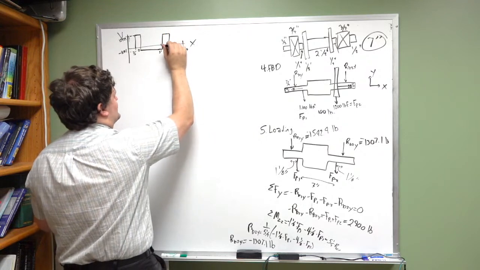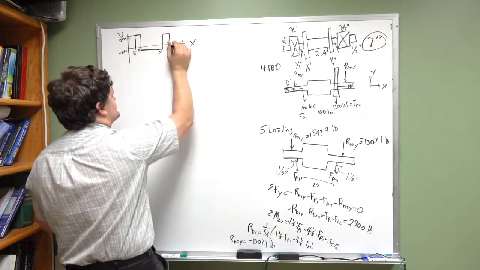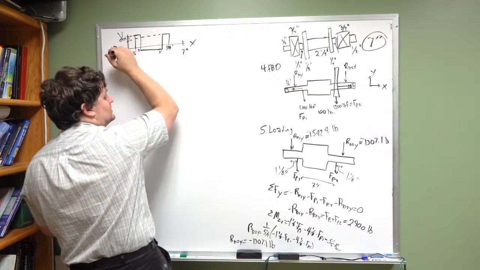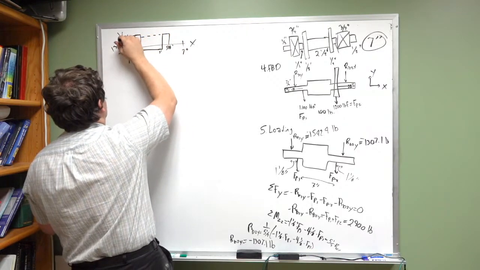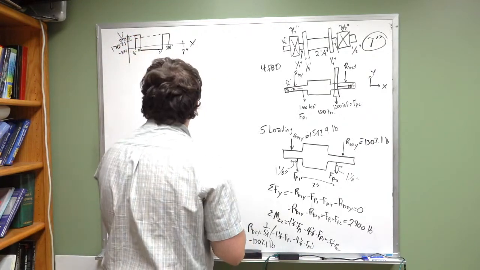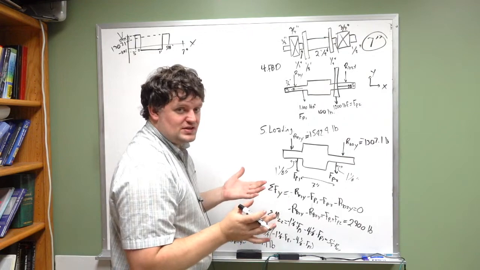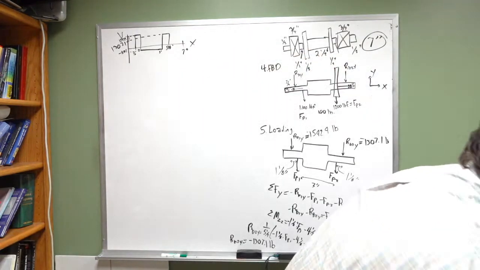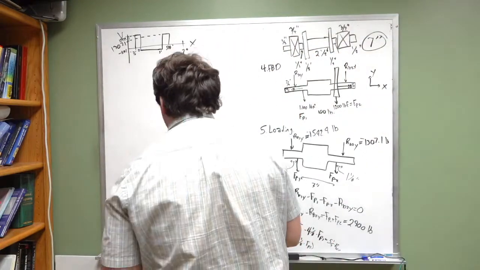And this occurs at 5 7/8 inches when it goes back down. And this is 1307.1 pounds. So there's our shear force diagram. That's interesting. Pretty fun there.